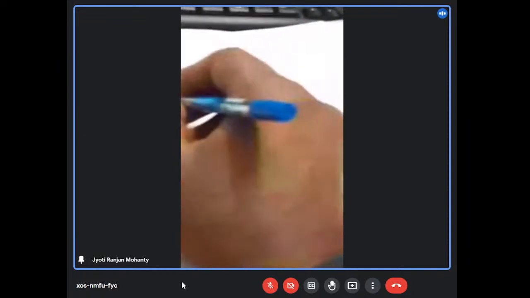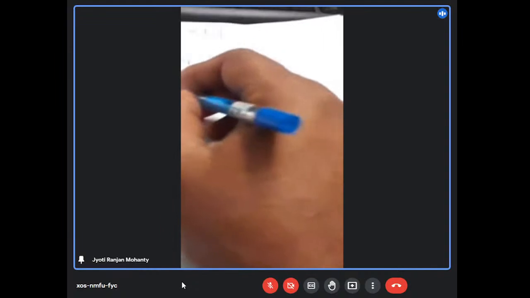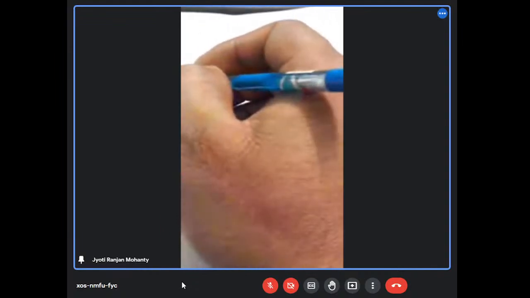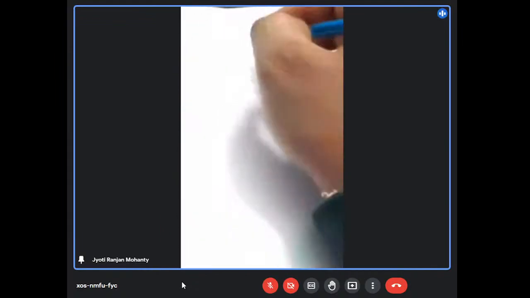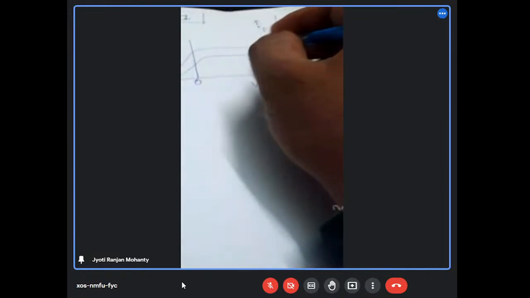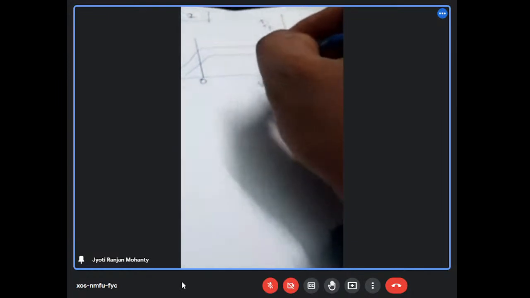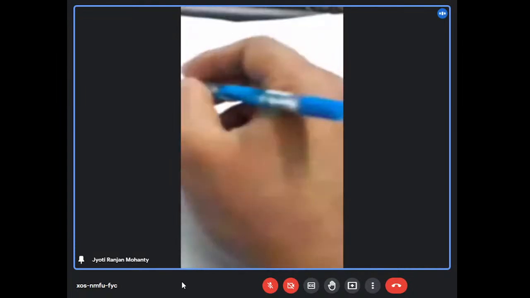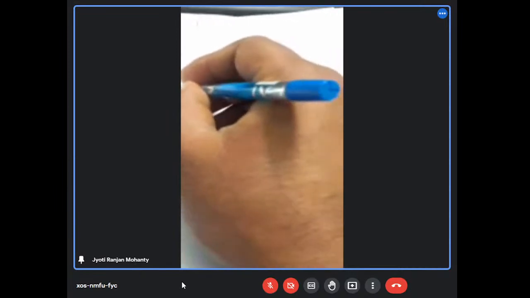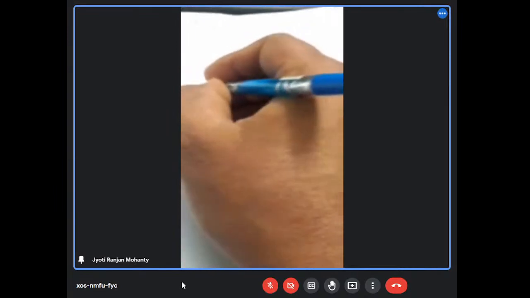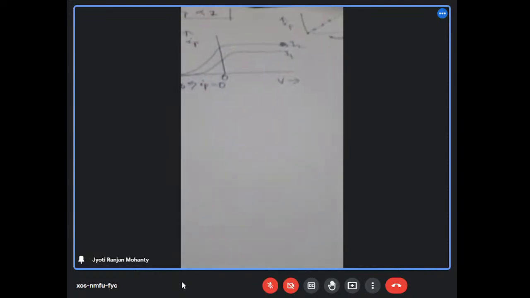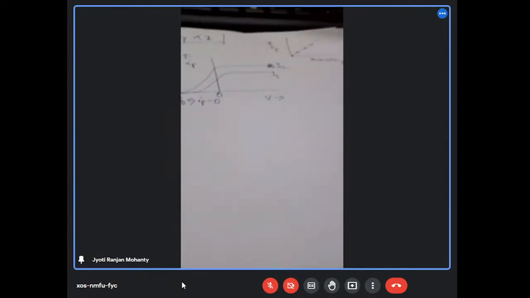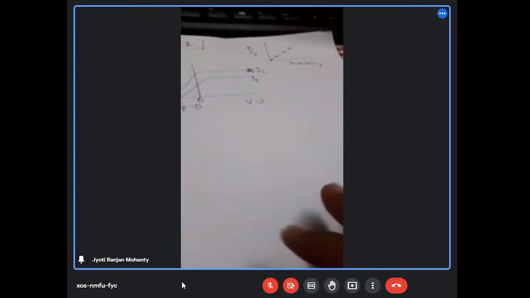This is the negative potential, minus V0, at which the current becomes 0. This is high intensity and this is low intensity. So stopping potential depends upon frequency but is independent of intensity. Okay, so another graph.